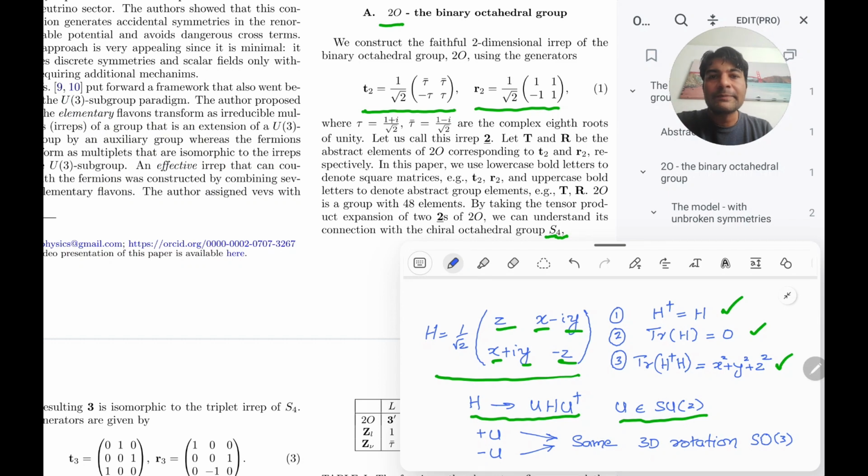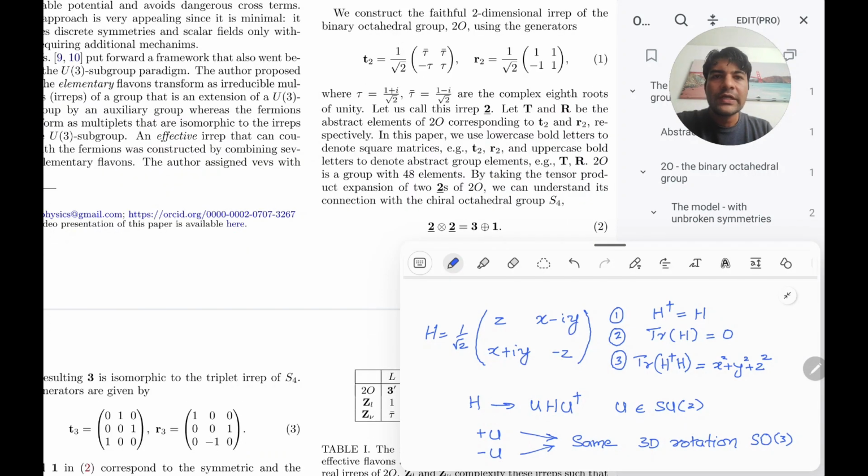This particular representation, the doublet representation, I call _2. The abstract group elements corresponding to these T2 and R2, I call bold T and bold R. I use bold uppercase letters throughout this paper to denote abstract group elements.